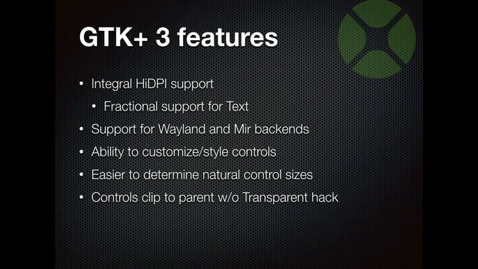And so whenever you put a control onto that canvas expecting that it'll clip, it does not, because it's really part of the window in order to draw it transparently. But with GTK3, this is not an issue anymore. Controls will clip properly to its parent without this transparent hack that we've added in GTK2.